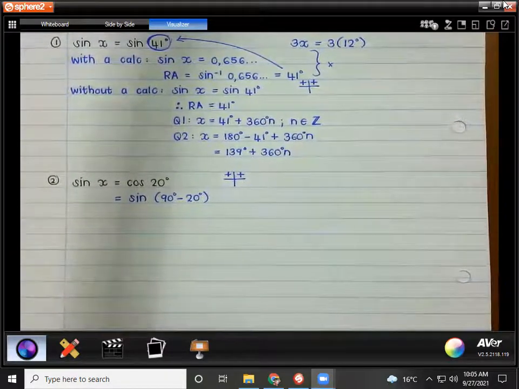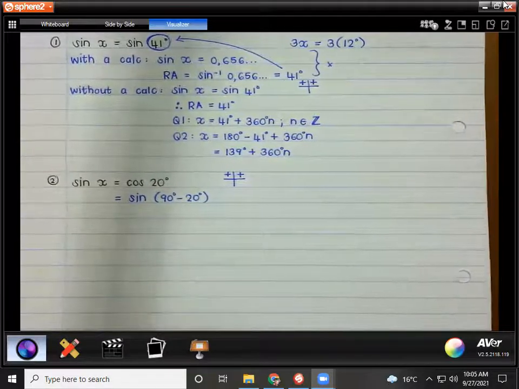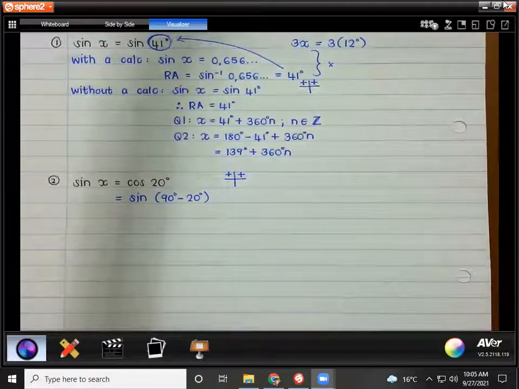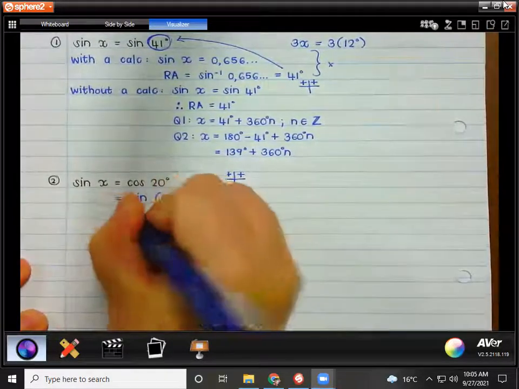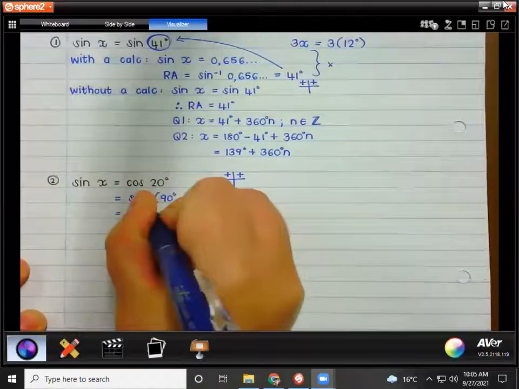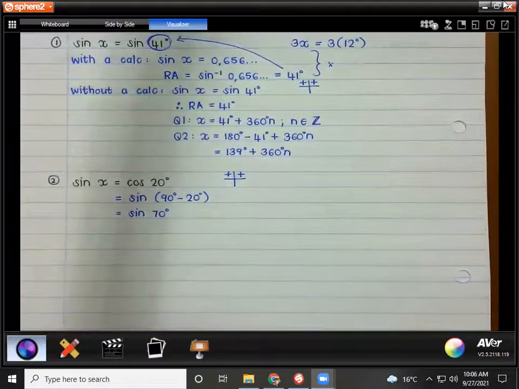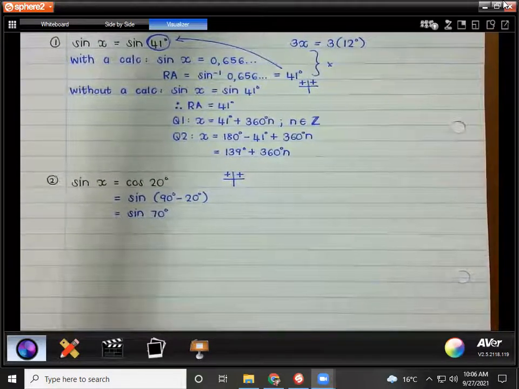Remember, guys, if the two angles add up to 90, you can change the sine to cos or the cos to sine. So this is going to be sine of 70 degrees. Cos 20 is the same as sine 70 because 20 and 70 add up to 90.